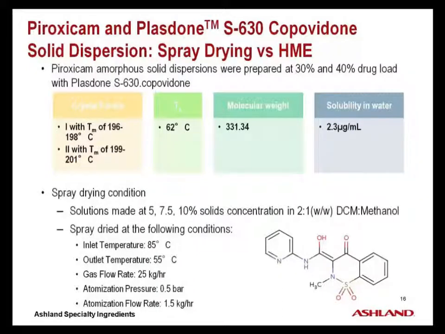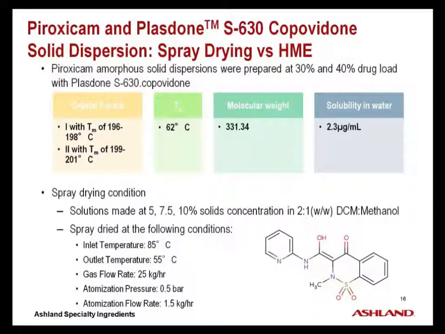Now, I'd like to use one case study to demonstrate how process technology or process conditions can impact the performance of solid dispersion. The model compound here is Piroxicam. It has a melting point of around 200 degrees, a Tg of 62 degrees, and a water solubility of 2.3 microgram per milliliter.